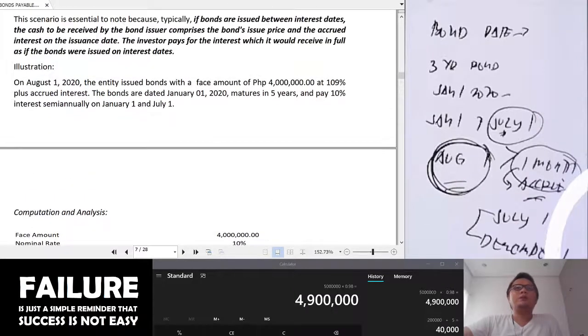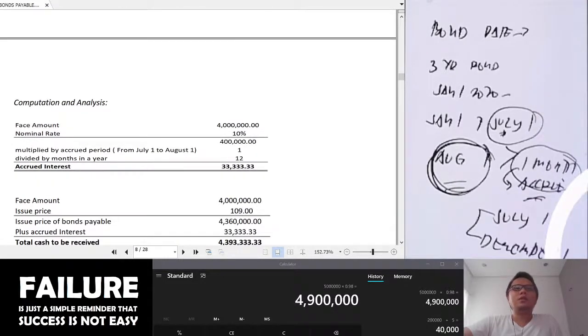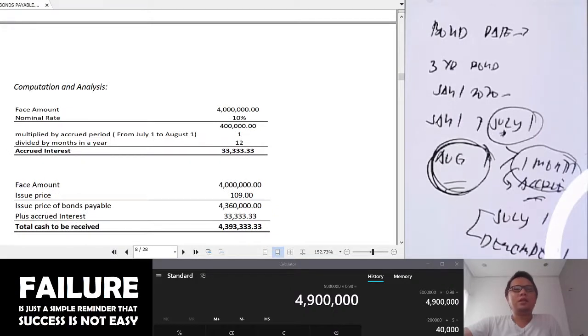So that is why, if there is a bond issue in between interest date, basically meaning there is an accrued interest, the issue price of the bonds payable should always include accrued interest. Or meaning, in simple terms, the total cash to be received if there is an issuance between interest date is equivalent to the issue price plus accrued interest.